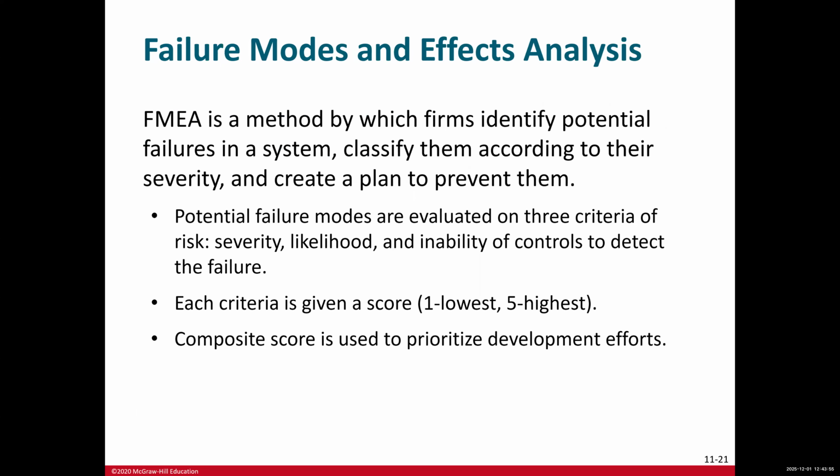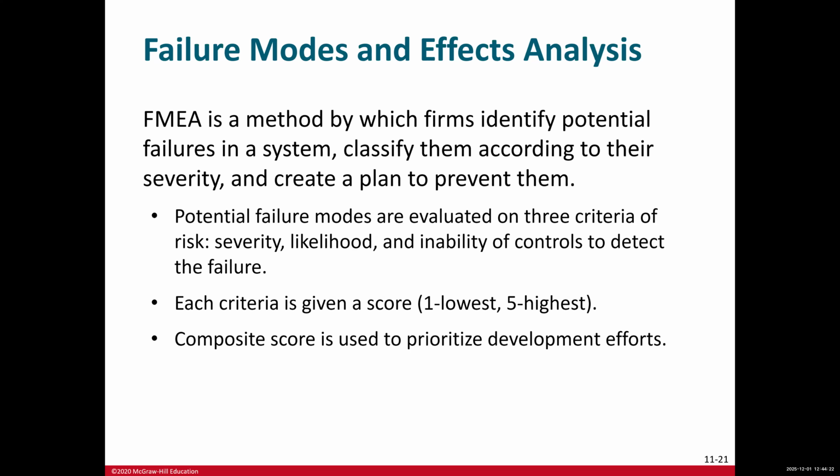So this is another method that we call FMEA, failure modes and effects analysis. This is another systematic approach that helps different companies identify and evaluate potential failures in the system.